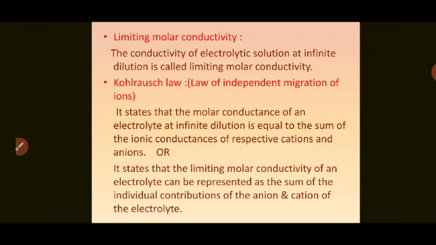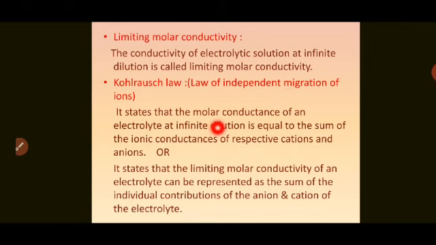Now, based on this limiting molar conductivity, we have to study one law that is called Kohlrausch's law. This law is called the law of independent migration of ions. Independent means how independently the ions migrate. Migrate means move.